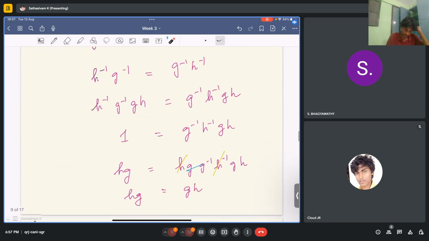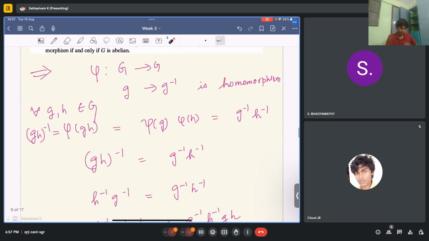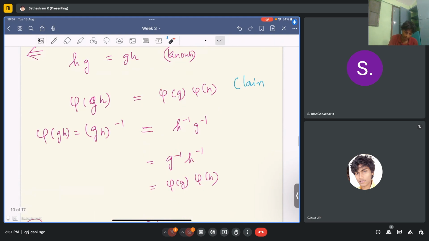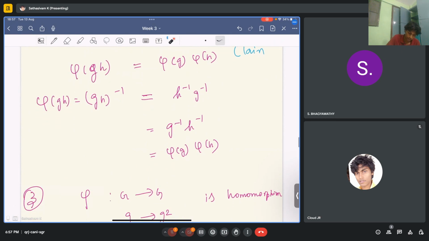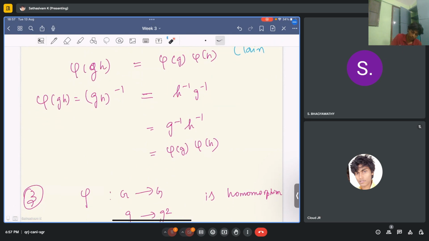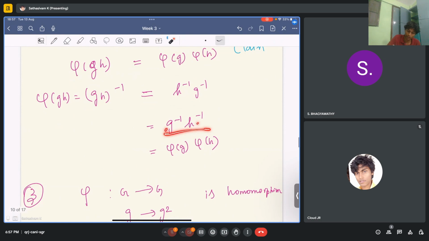Here, with the inverse, the same problem comes, right? I will show it here. You observe here also, gh inverse is basically h inverse g inverse. But the question is whether you can write it as g inverse h inverse. In general, you cannot. But if you have an abelian group, you can write it, and hence it becomes a homomorphism.